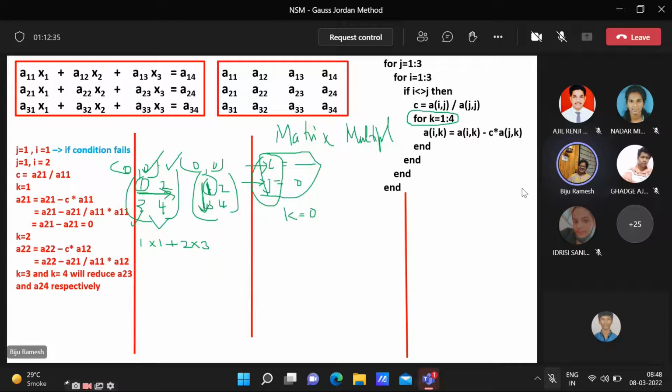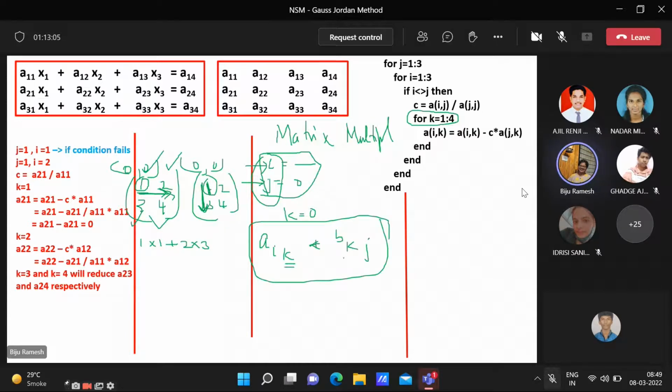We have to go for the third loop, the K loop. The K loop is used to keep track of the row of the first matrix and the column of the second matrix. That is why, when multiplying, you will say A I comma K into B K comma J.